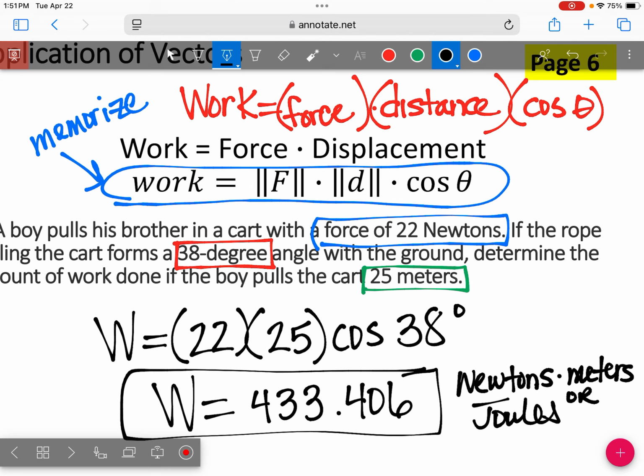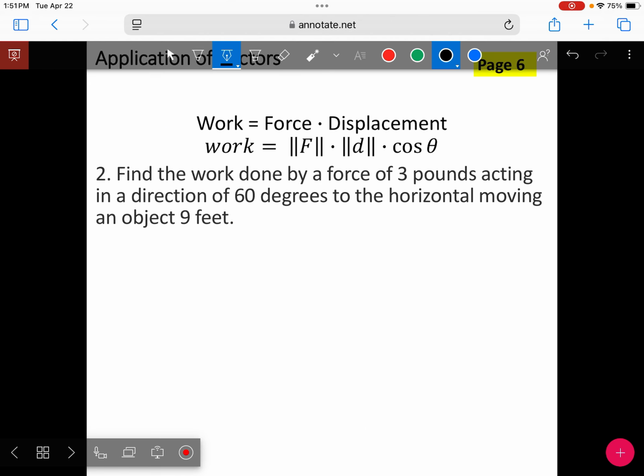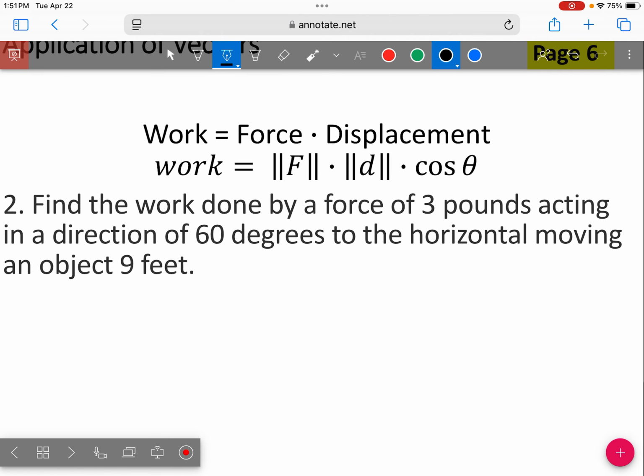All right, go ahead and do question 2 all by yourself. We got find the work done by a force of 3 pounds acting in the direction of 60 degrees to the horizontal moving 9 feet.